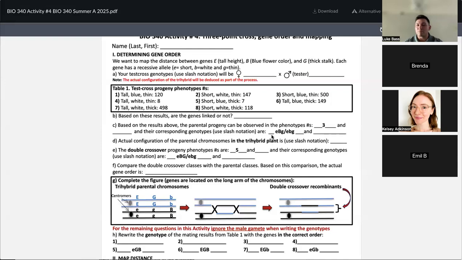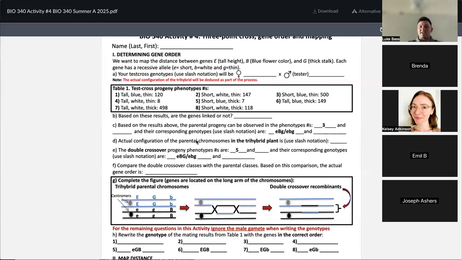So even though it says parental progeny, since you can see that number three here, there's 500 progeny that are short, blue, and thin. The other one is also going to be the highest number. So that's going to be your 498 over here. Okay. Yeah. Everything else that you said, I think you should be good on understanding how to find the middle gene.